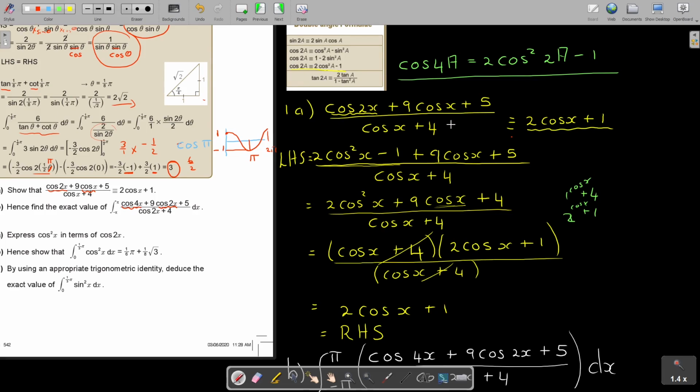Okay, so check how I change now everything. If I was starting, and I just want to show you what this would have then become. Say I was making this 4x, okay? This is what is in the question now. They have 4x, they have 9 cos 2x, okay? Are you with me? Plus 5 and cos 2x.